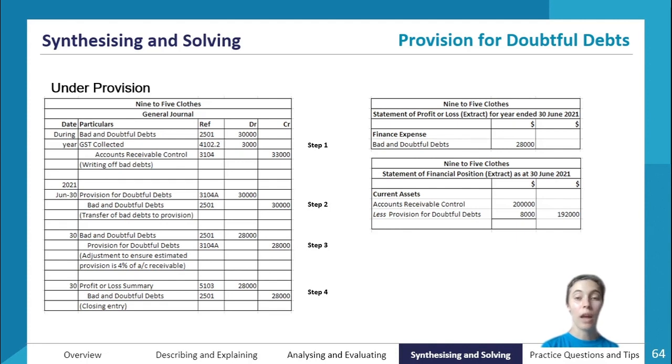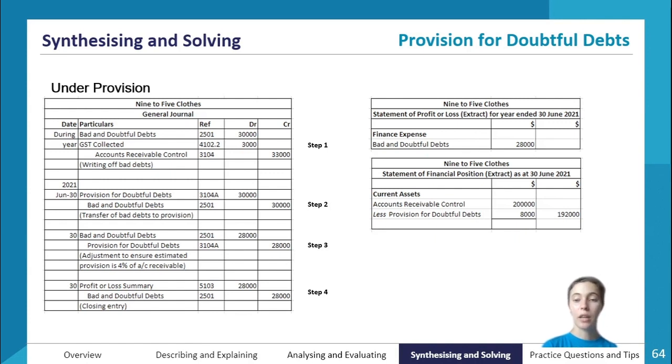And then we've got our new balance that we've figured out. So this is the adjustment to ensure that we're reflecting that provision that's meant to be 4%. So that's in step 3. And finally, you then have that same figure to close it off for the profit or loss summary.